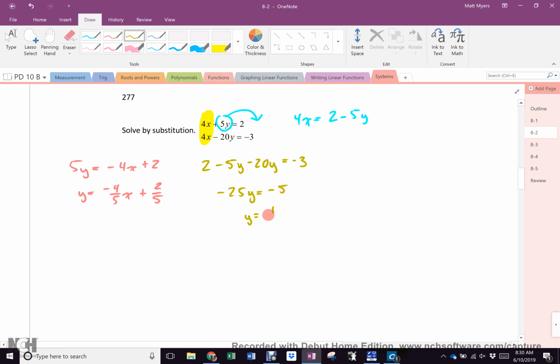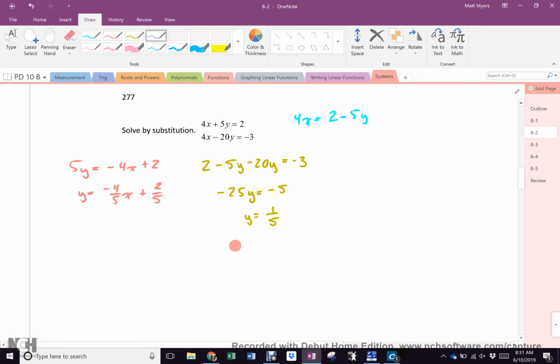Y equals positive 1/5. Now, you're still scared because that's a fraction, yes? But please notice, in my original equations, 1/5. How would I get rid of that 5? You would multiply by 5, would you not? What's multiplying by y right there? 5. So it would fix itself anyway, wouldn't it?